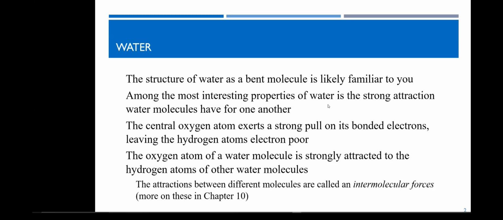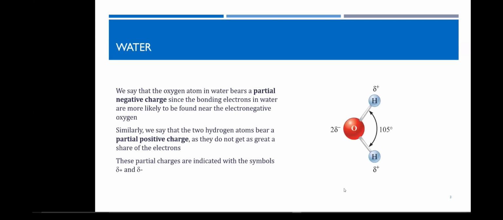You also studied hydrogen bonding, which we will talk about more when we get to chapter 10. But the important thing to understand about water is that the oxygen atom is going to have what we call a partially negative charge. It's very attracted to positively charged ions in solution, okay?